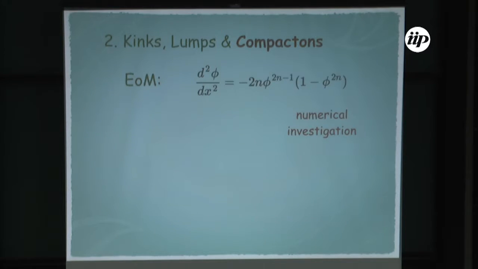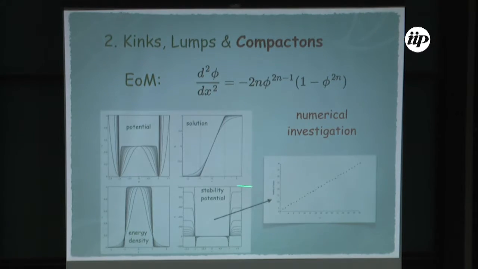And I'll show this here for you. The equation of motion of that model is this. We have to solve it numerically because we cannot get a solution for arbitrary n. So we did it. This is the potential. The first line here is the phi-four potential. When n increases, you get to a flat line with the minimum here.